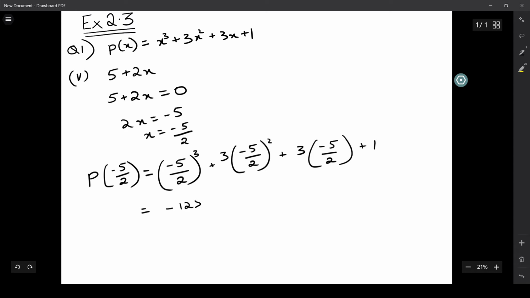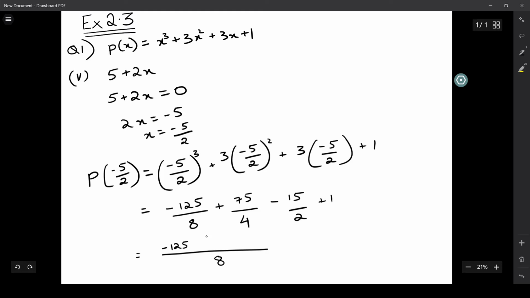This gives me minus 125 by 8. This gives me 75 by 4. Third term is minus 15 by 2 plus 1. Again, common denominator 8.